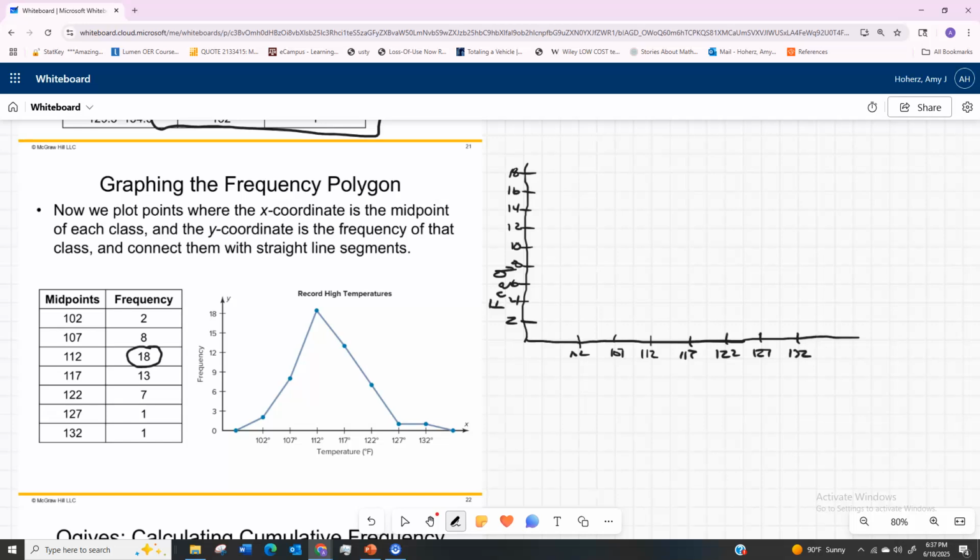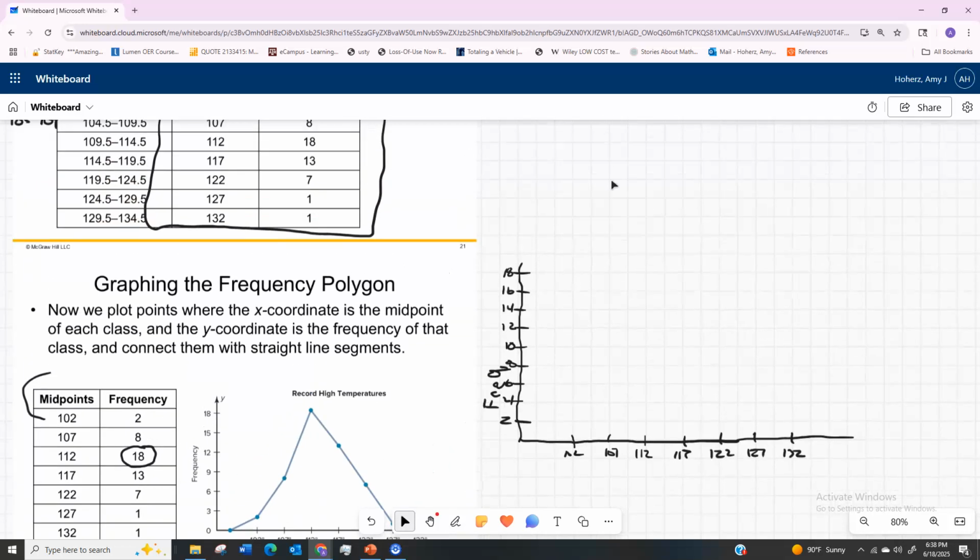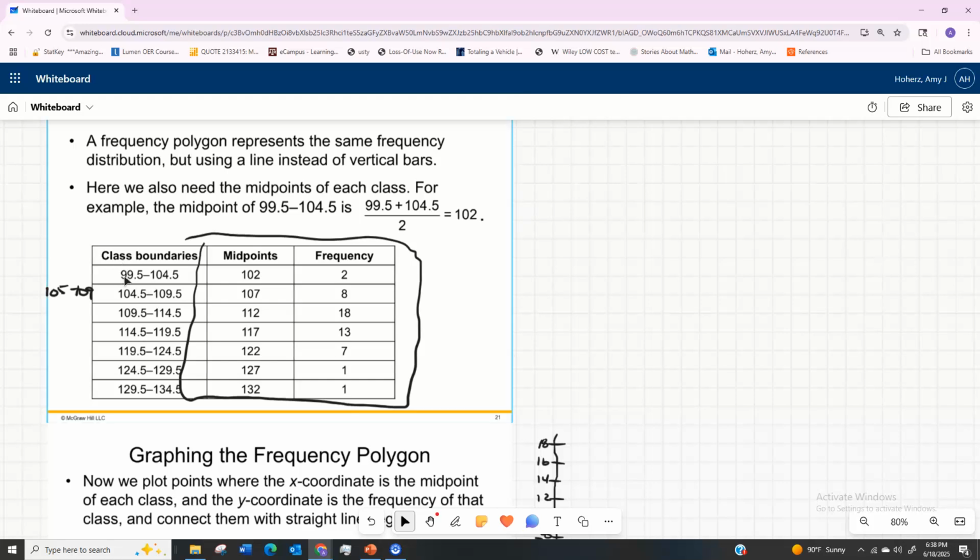Okay? And then instead of having bars for these, each of those classes gets a single point at its midpoint. So remember the class boundaries were 99.5 to 104.5, and then 104.5 to 109.5.